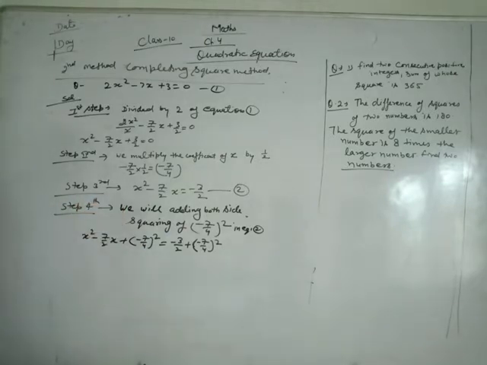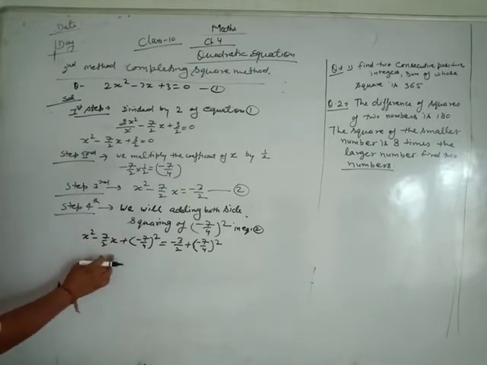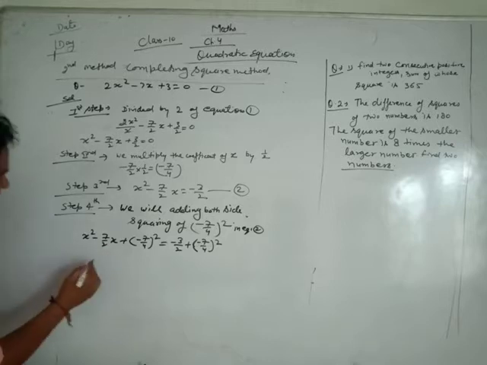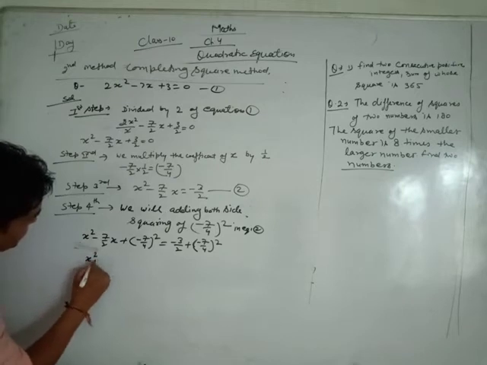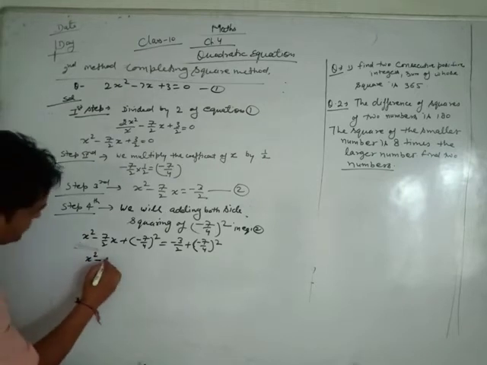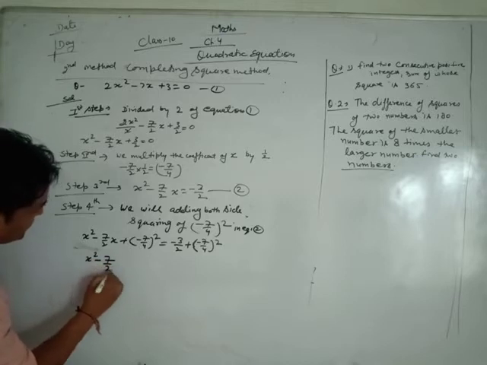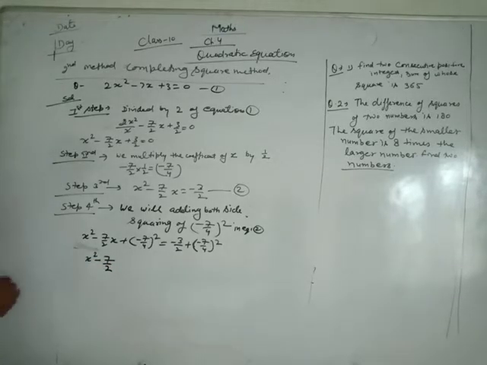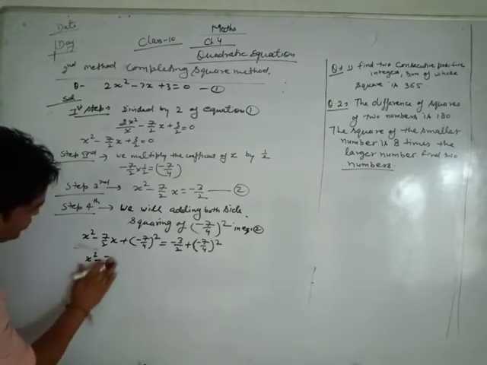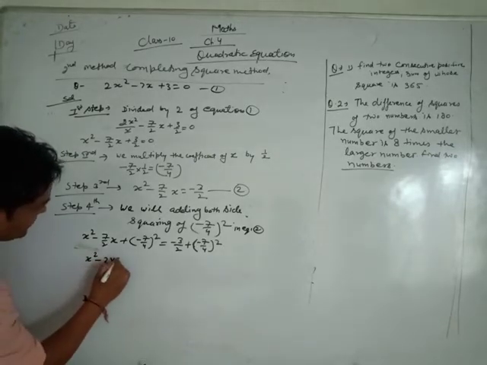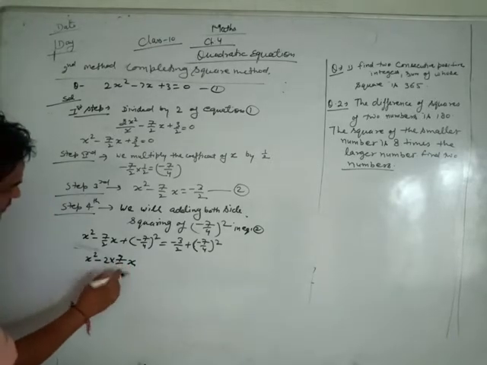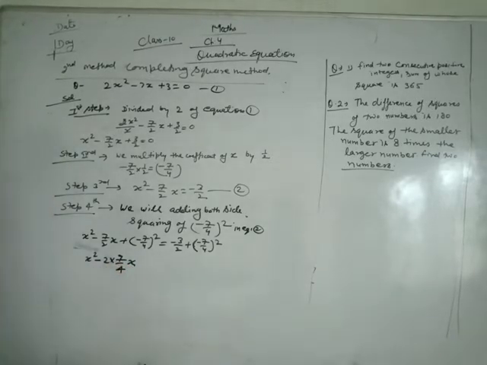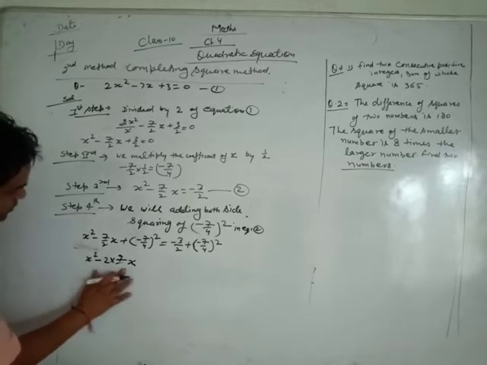Now write down here the value of x square minus 7 by 2x, that is 2 multiplied by 7 by 4x.